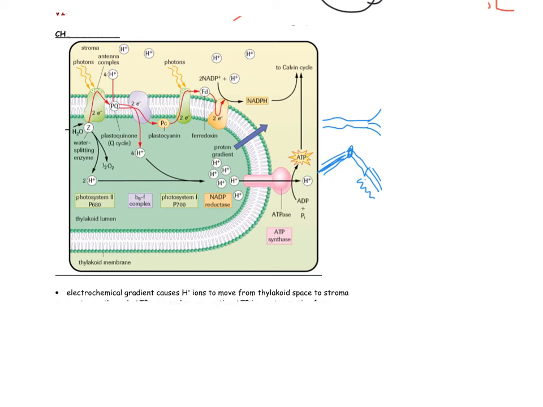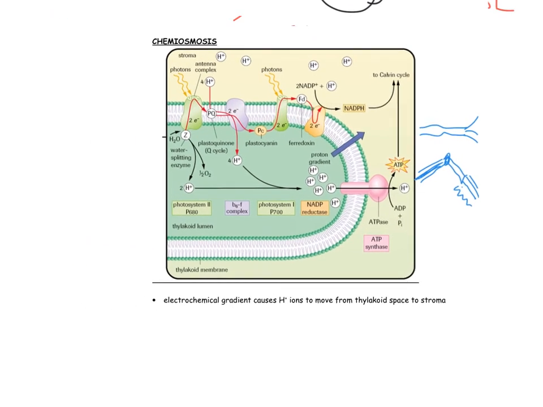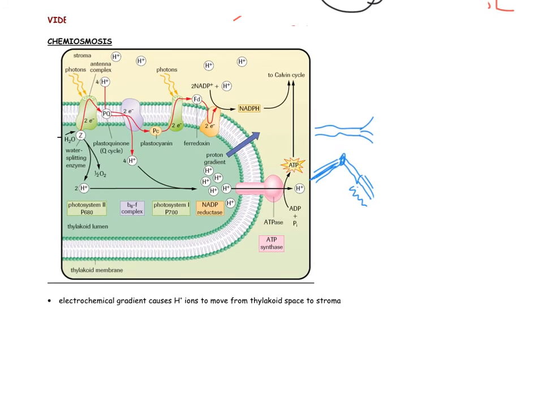Okay, so first things first, we have an electrochemical gradient that gets created as hydrogens are pumped into our lumen, into that thylakoid space from our stroma. But they can't just move out anywhere they want to. They have to move out through ATPase because the thylakoid membrane is just not permeable to our hydrogen ions.